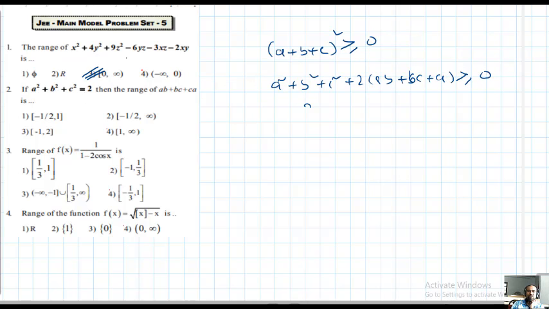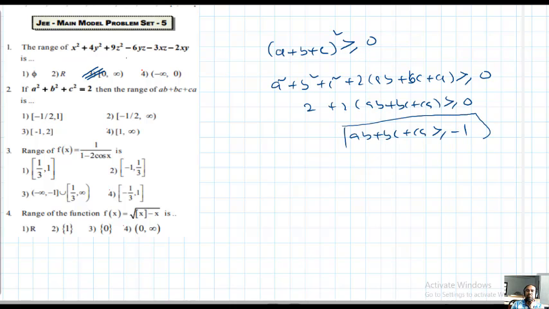Already a square plus b square plus c square is given as 2. So 2 plus 2 times of (ab plus bc plus ca) greater than or equal to 0. Dividing, moving to the other side, what will we get? ab plus bc plus ca greater than or equal to minus 1.